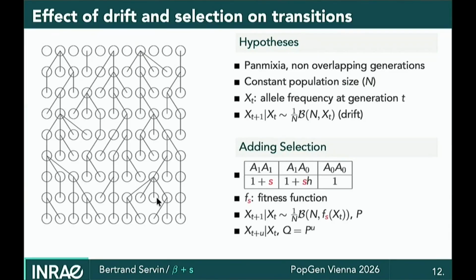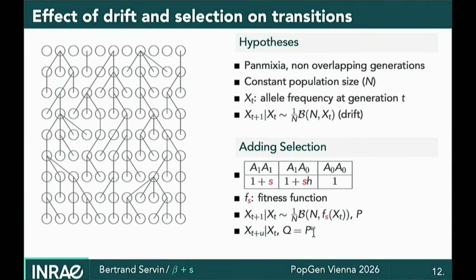In this case, the law of the frequency at t+1 given x_t is a binomial too, but now the probability is a fitness function of x_t, so it's a bit more complicated and depends on S. The problem is that because you're not sampling every generation, you need to explain the distribution of x after u generations. So it's just this matrix P that you raise to the power u.